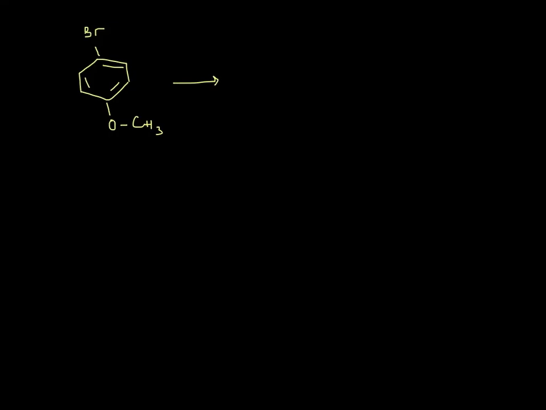So I'm going to put this in a little bit of nitric acid and some sulfuric acid, and what it will do is add on a nitro group. Well, the directingness of these is such that methoxy directs ortho-para, so the para position doesn't have a hydrogen, so we couldn't do it there. So it would direct ortho to itself. The bromine is also ortho-para directing and would direct bromine, or the substituent, ortho to itself.